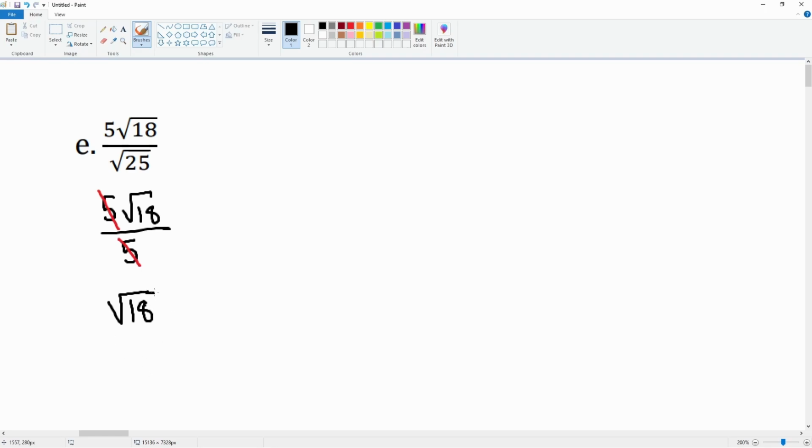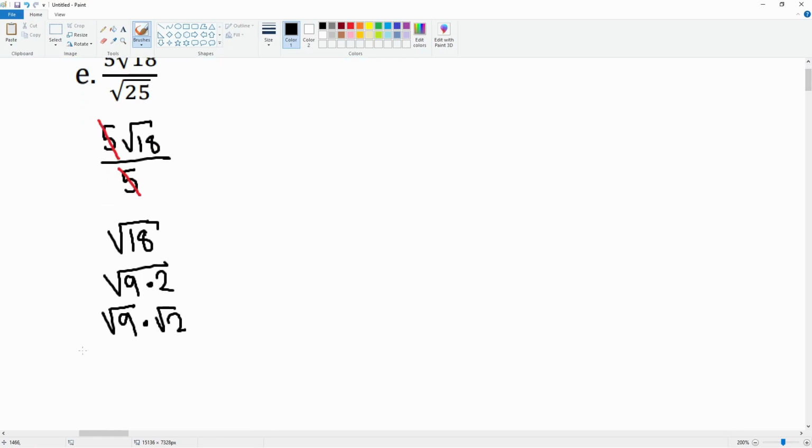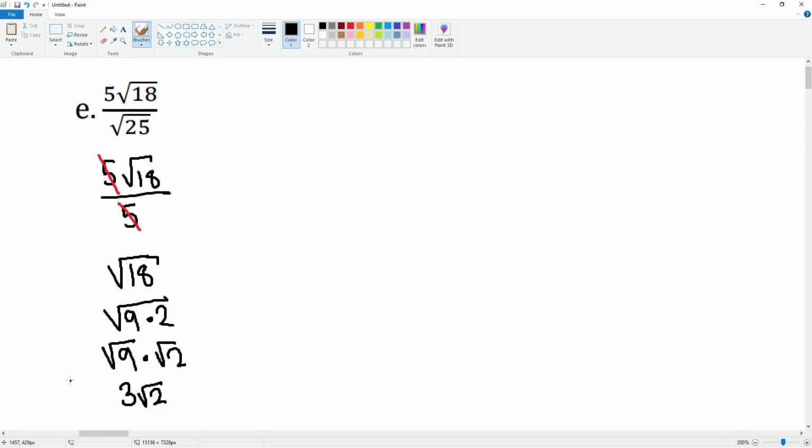However, radical 18 can also be broken down into radical 9 times radical 2. We split it, and the radical 9 simplifies to just a 3. And we have the radical 2. So that would be the answer here. This would be its simplest form of that expression.